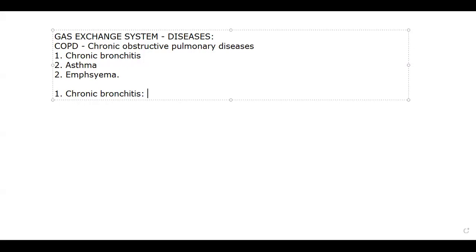Now, what actually happens is that one of the components of cigarette smoking that is particularly harmful is tar. What does tar do? Tar does a lot of things, but in chronic bronchitis, tar stimulates the goblet cells and the mucus glands.